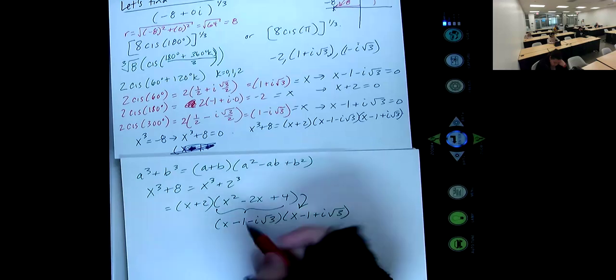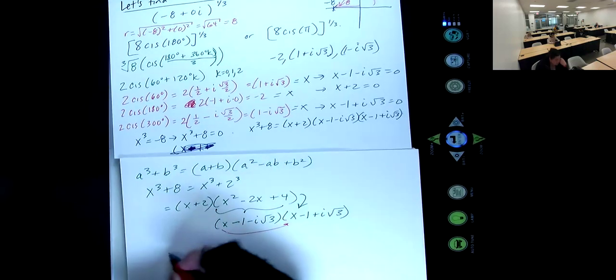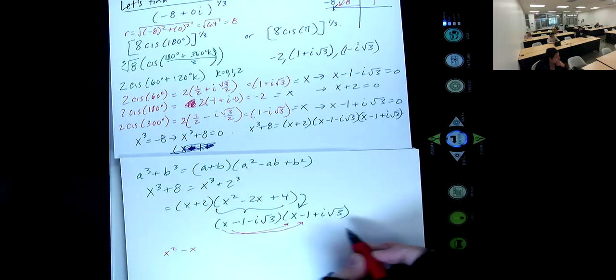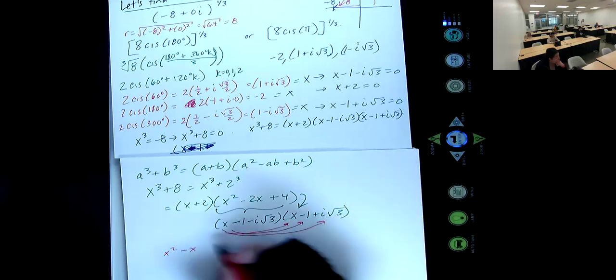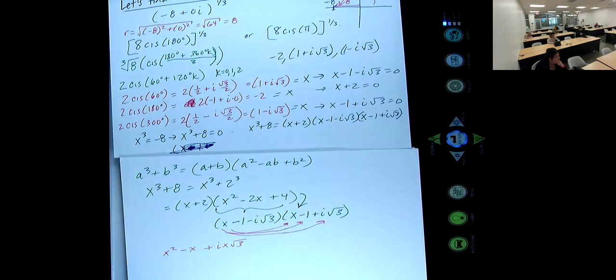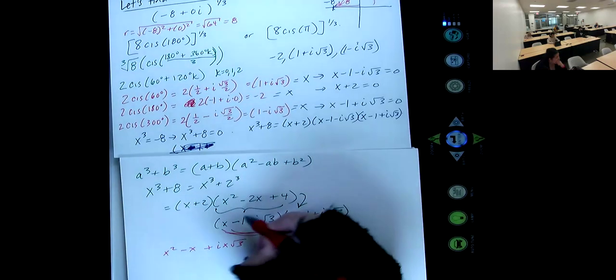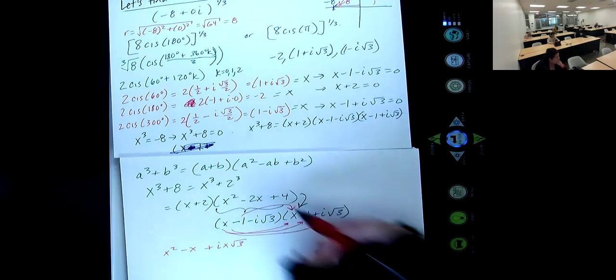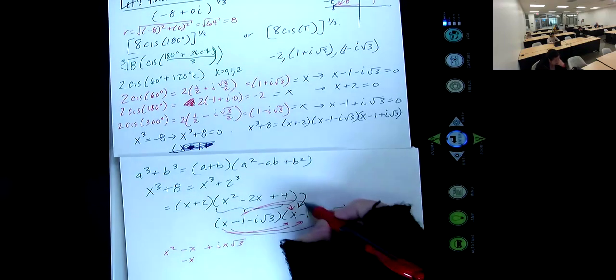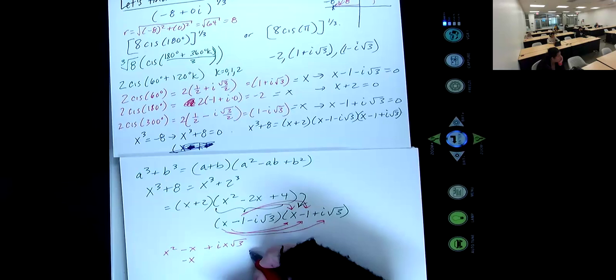Let's multiply this out. I got x squared minus x plus i x root 3. Then I'll do the negative 1. I've got negative 1 times x is negative x. Negative 1 times negative 1 is plus 1.